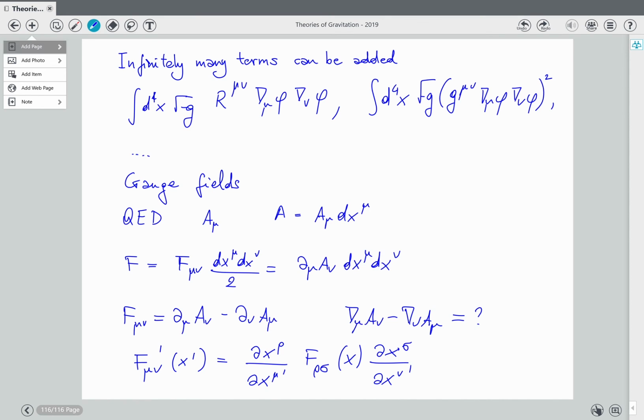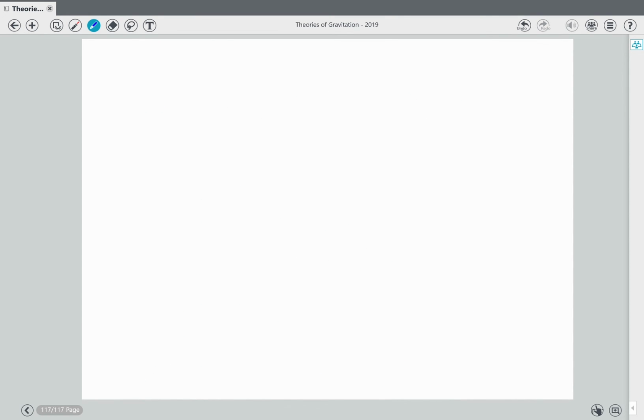So the action is minus 1 over 4 integral d^4x square root of minus g, and then you have to build a scalar with two field strengths, because you know that the action of QED, or electromagnetic field, is F mu nu F mu nu.